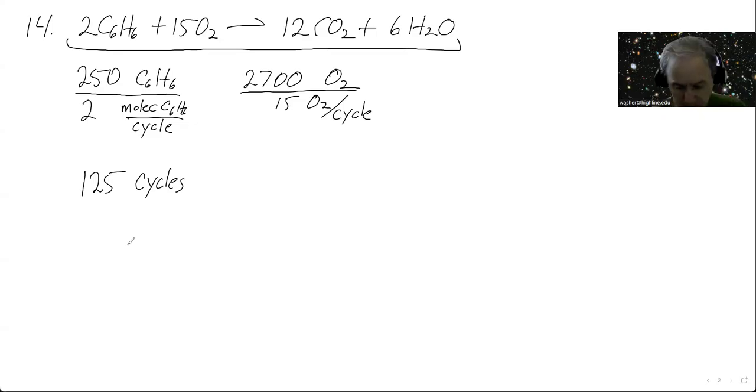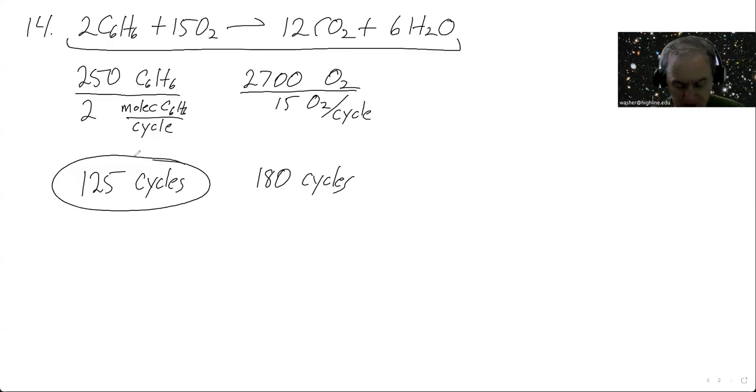125 times. Now over here, with 2,700 oxygen divided by 15, I can run the reaction 180 cycles. The limiting reagent is the one that's the minimum.